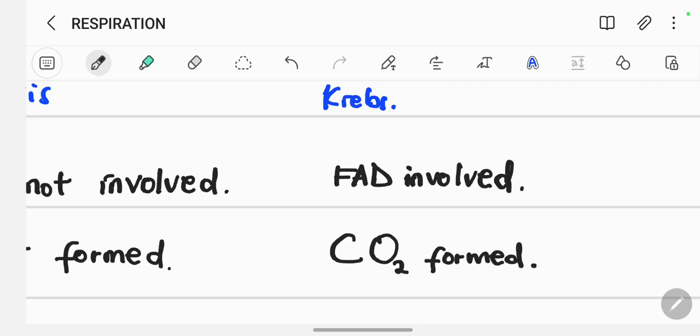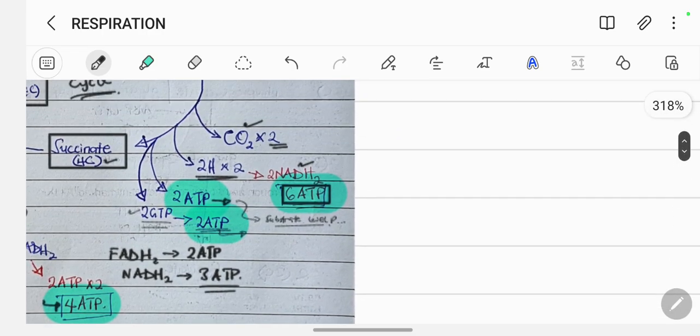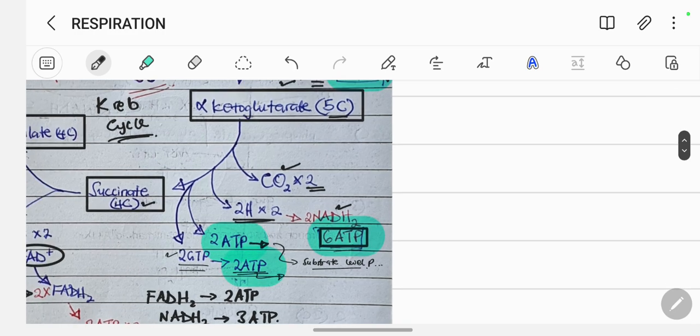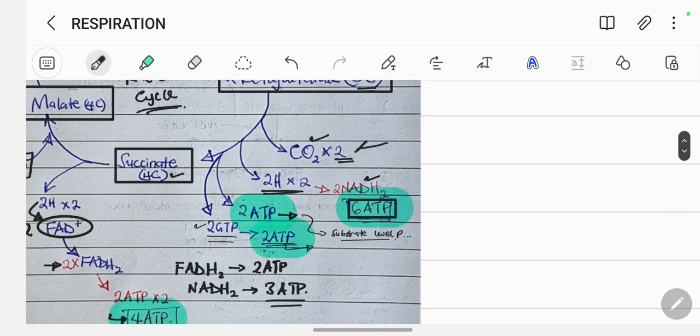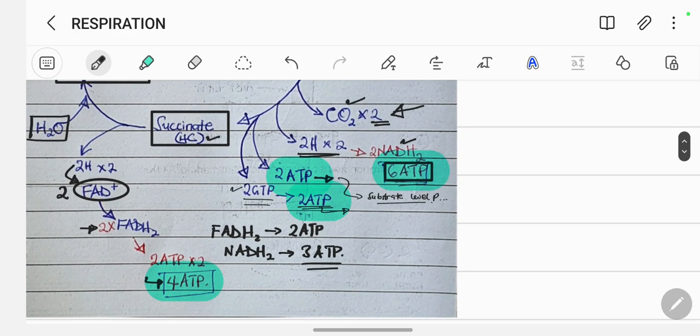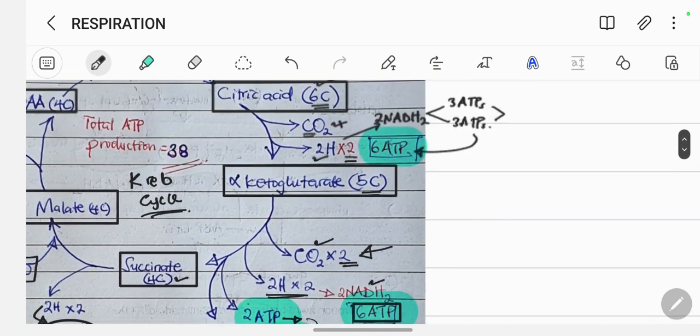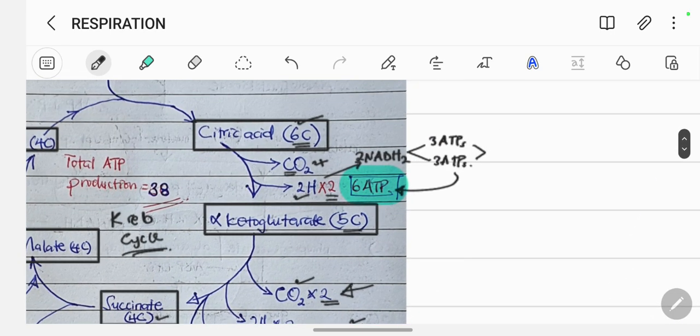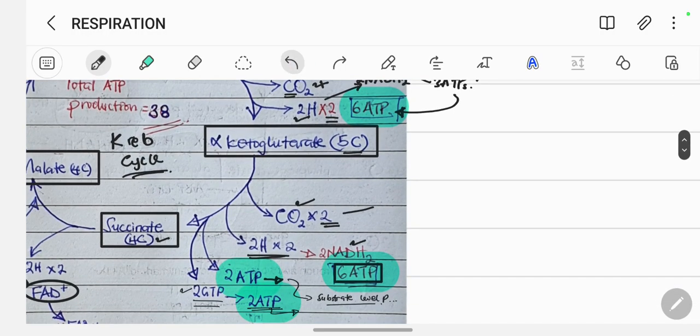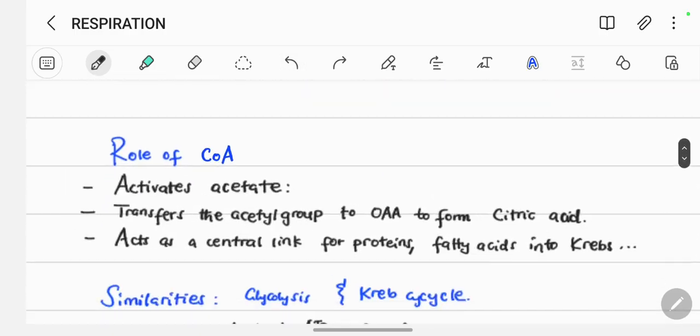So you have to recall the processes where we're forming carbon dioxide at this point and at this other point.